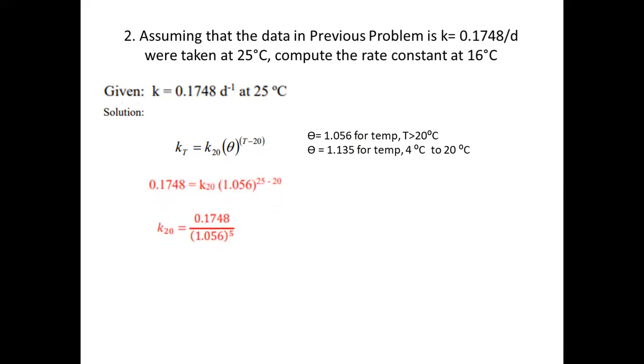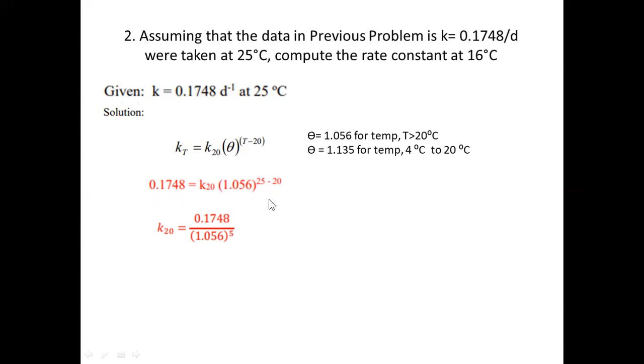This gives us 0.1748 is equal to the unknown K20, the first step, times, since this is at 25 degrees Celsius, the value of theta at 1.056 raised to 25 degrees Celsius minus 20 degrees Celsius.